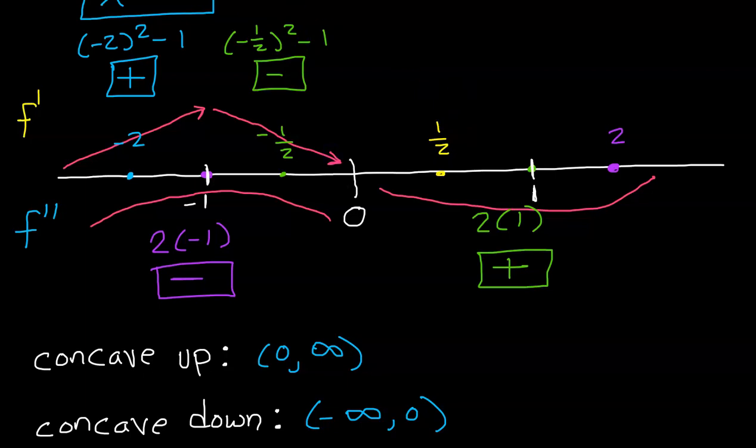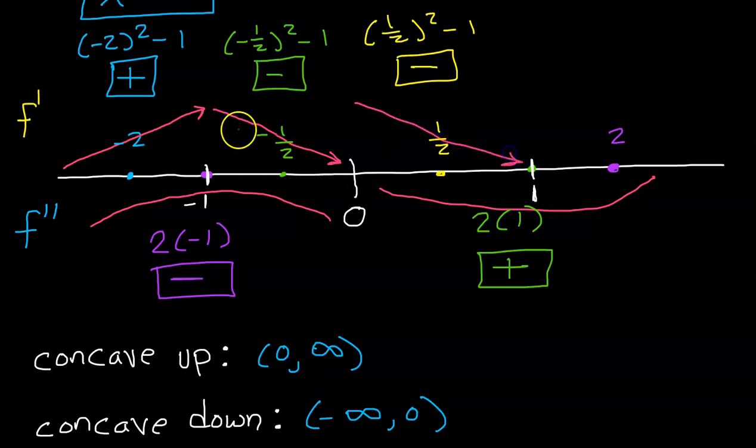How about +1/2? So that's going to be 1/2 squared minus 1. So that's 1/4 minus 1. Just like last time, this is going to be a negative value. So the function is still decreasing in this interval as well.